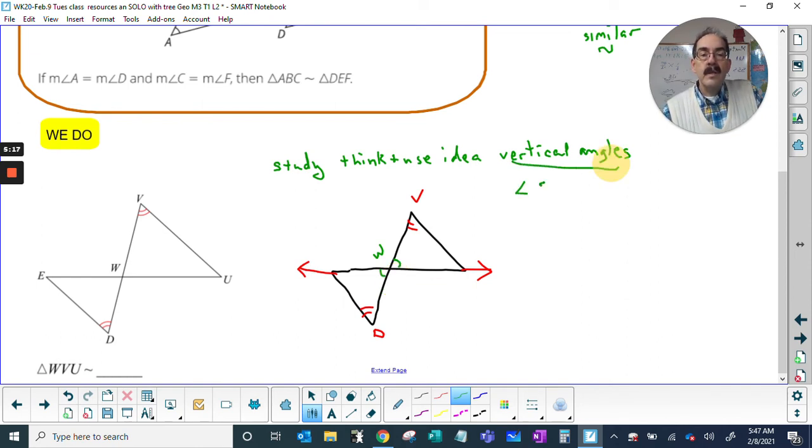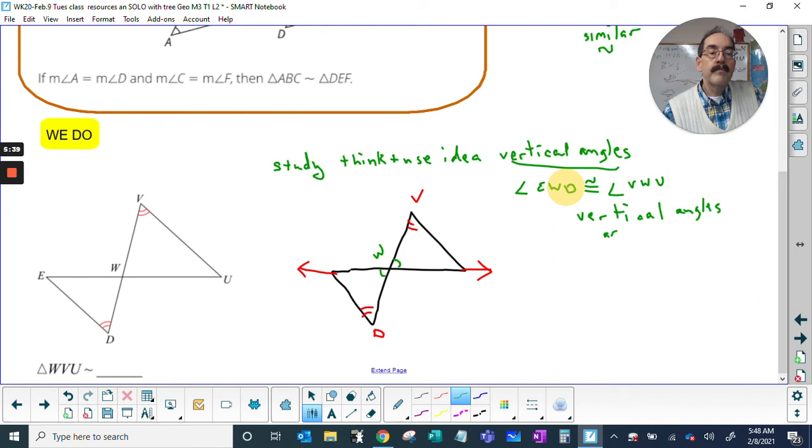Angle EWD is congruent to angle VWU. And that's called the vertical angle rule. Vertical angles are congruent.